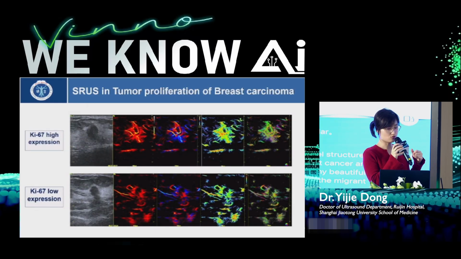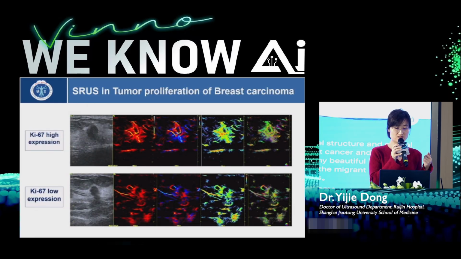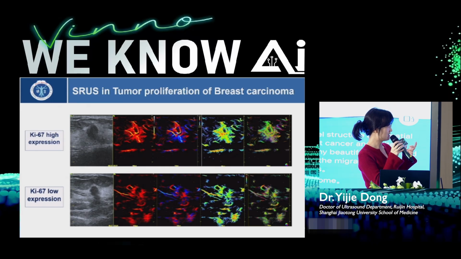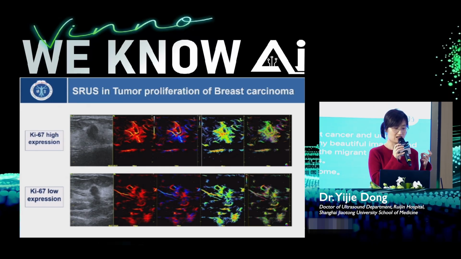And we also try to explore whether there are any differences in the proliferation of different breast carcinomas. For example, for Ki-67, whether the higher expression groups differ from the lower expression groups.